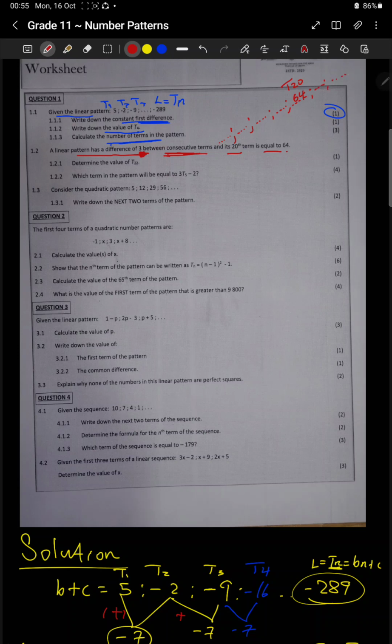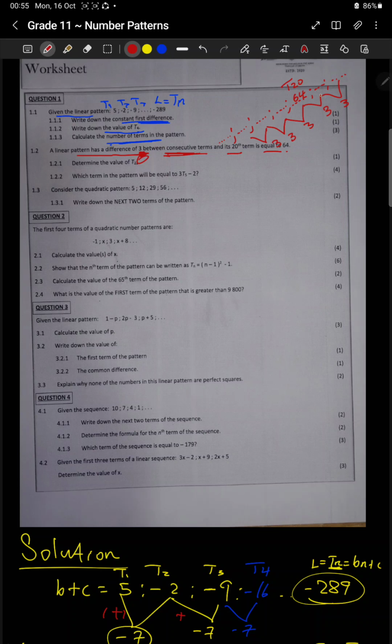So now they are saying to us, between these terms there is 3, because that 3, 3, 3 and 3. Okay, there's 3 there. So what we're gonna do is that, meaning that 3, it is the constant difference, so it's easy.